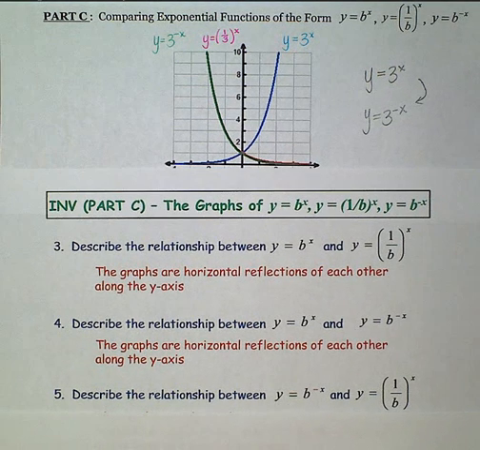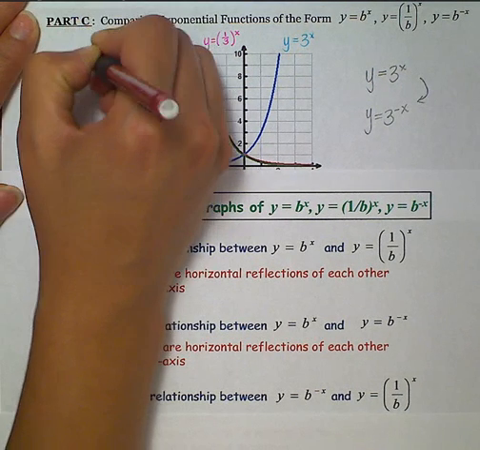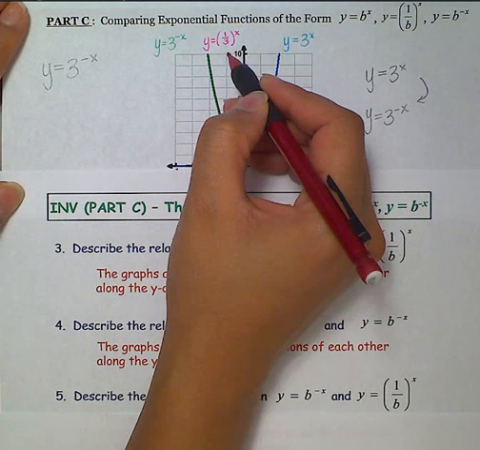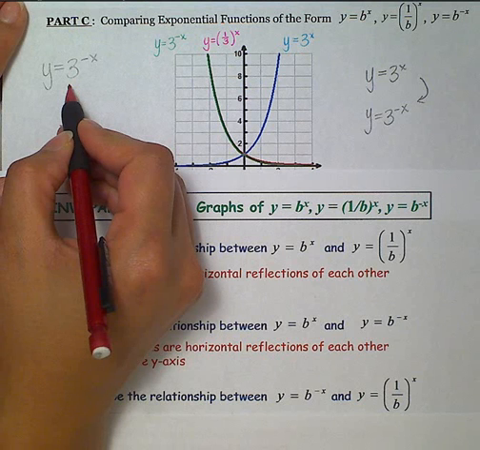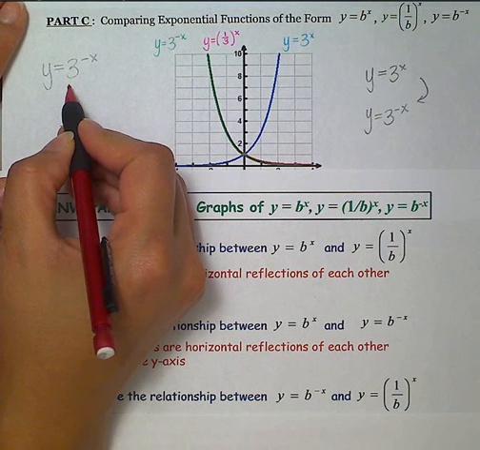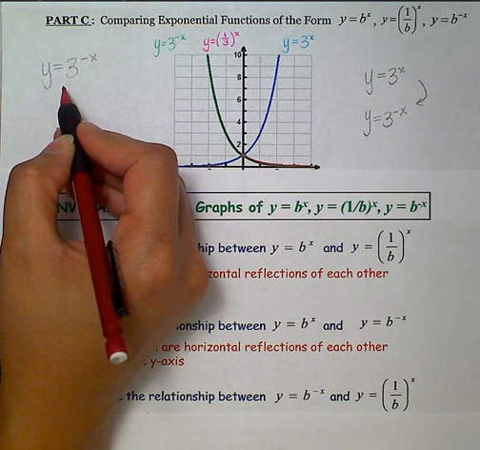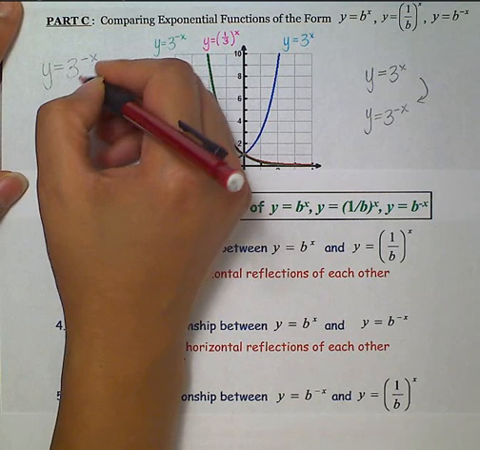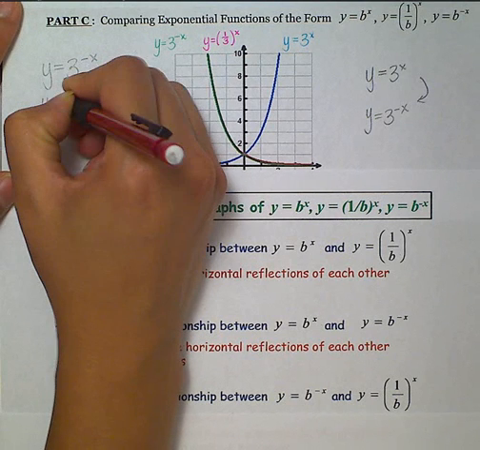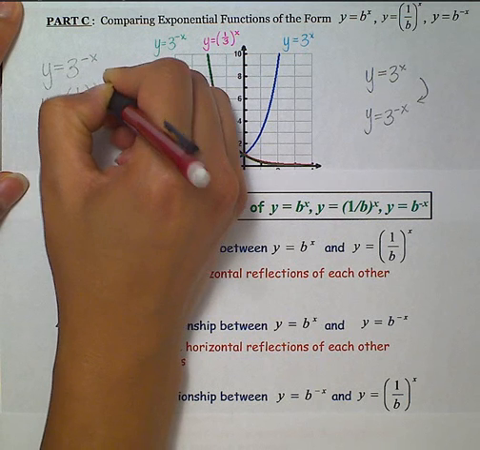Why does that happen? Let's look at the equations algebraically. If I compare y equals 3 to the exponent negative x to the graph of y equals 1/3 to the exponent x, what you'll notice is I can actually rewrite this equation in a similar way. Again, remember your negative exponent rules. If I have a negative exponent, I can write the reciprocal of the base, which is 1/3, to a positive exponent.